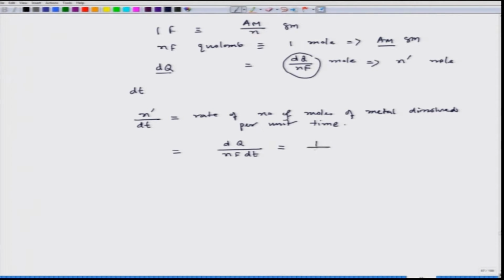Now, n is nothing but the oxidation number for this particular reaction, and F is 1 Faraday, which is also constant. So, now I can write this quantity as I, so N prime by dt is equal to I divided by nF.